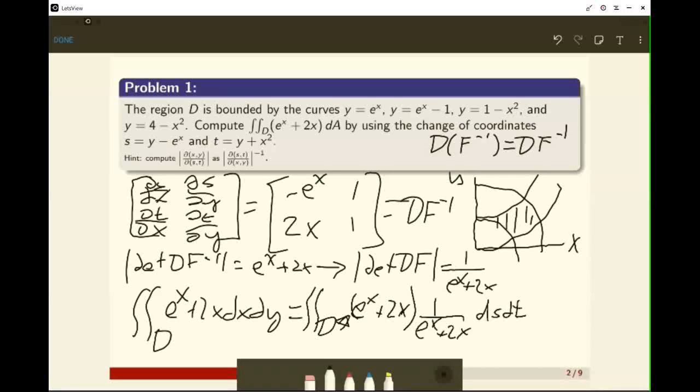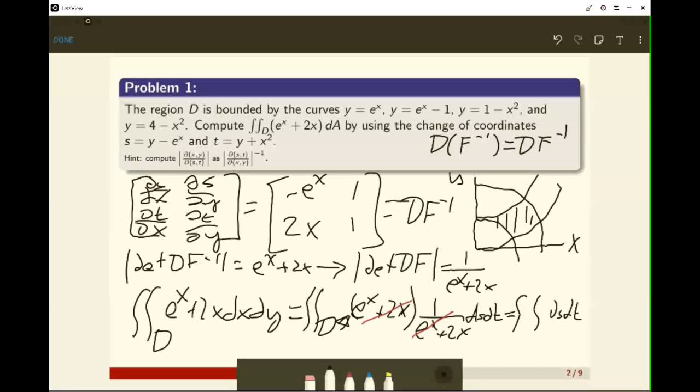And so what we see is that we're really getting a cancellation here, where we've got these two reciprocal things, they're going to cancel out to 1, and so we're just going to talk about the integral where s and t are ranging between their bounds of just 1.